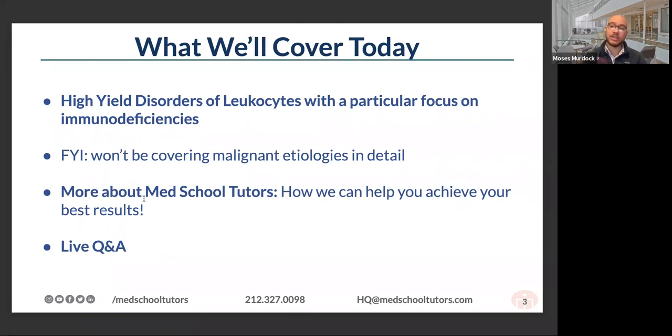They're fairly rare disorders, but they're high yield, easy points if you know the answer, and can really be helpful on test day. As the slide shows, we won't really be covering malignant etiologies, by which I mean leukemias and lymphomas in any detail, because we've had another webinar on that already, and there's only so much we can cover in an hour.